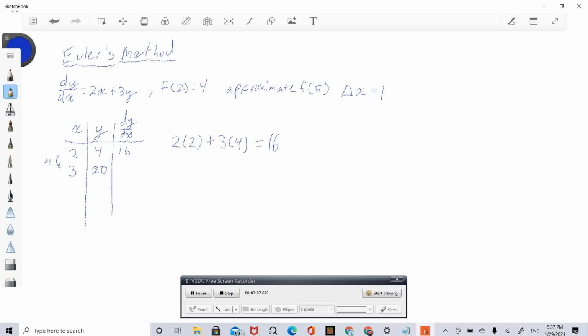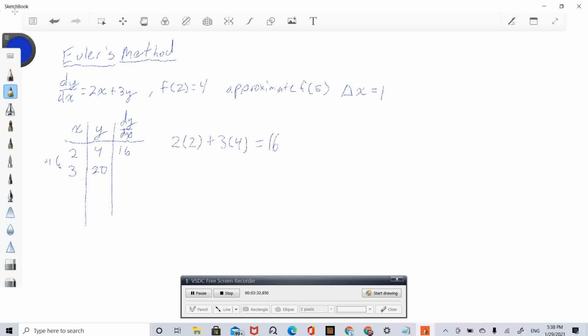Now, we can't just continue to use this same derivative, the same slope across the whole approximation, because that would approximate it as if it's a line. That would be a very bad approximation because it would just be a line. So let's plug back in this x and y values into the derivative to find out what the slope is at that point.